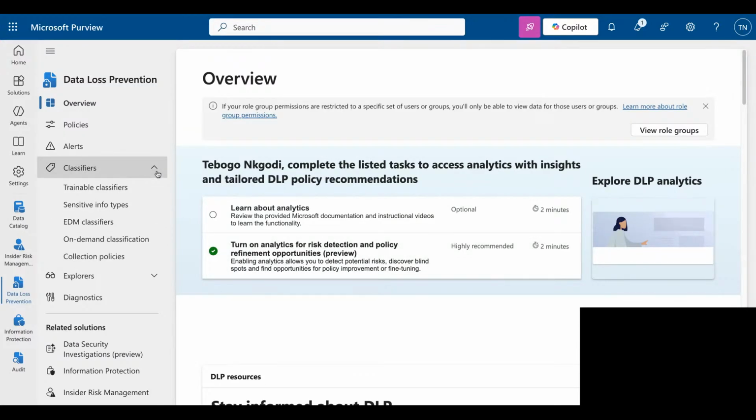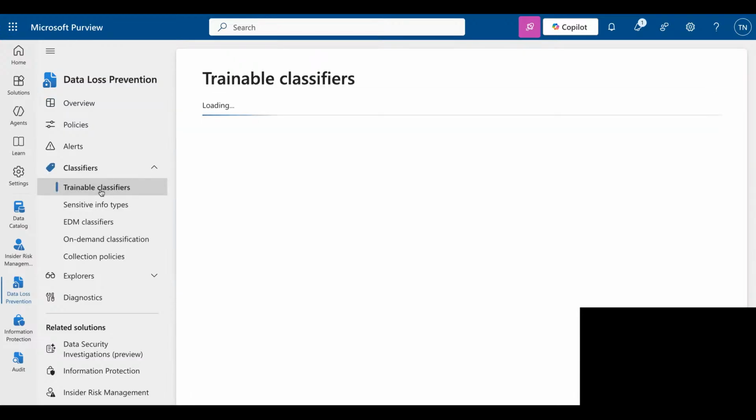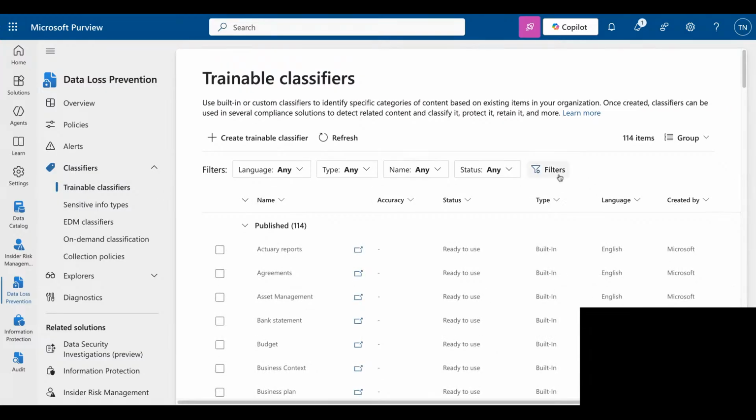I'll go to classifiers. Now I'm going to go here. Last time I was showing you this one, now I'm going to show you this one. Trainable classifier. So let's give it, yeah, there it is.